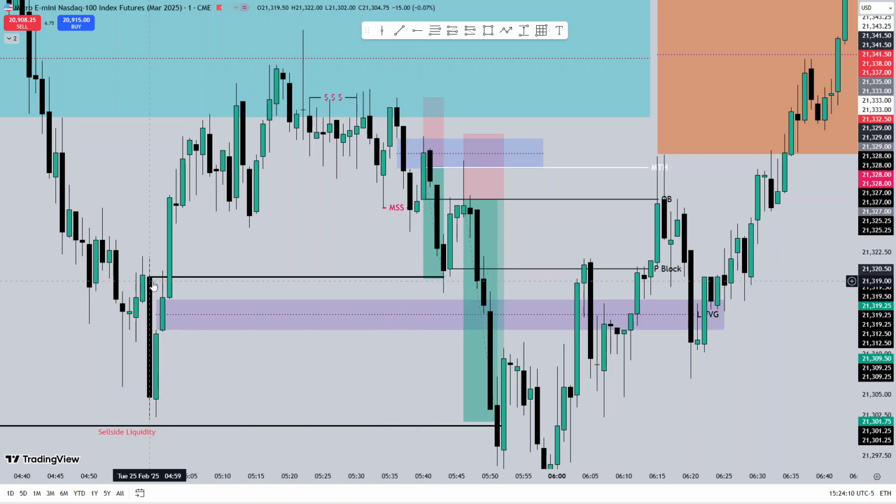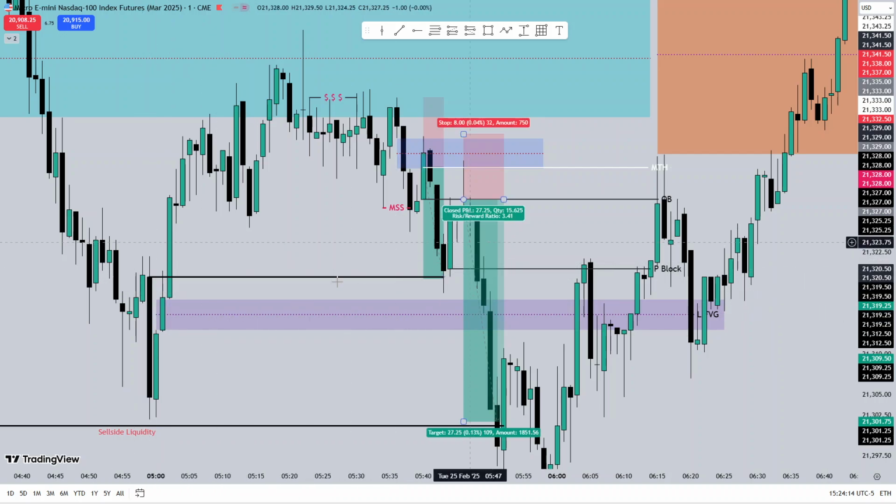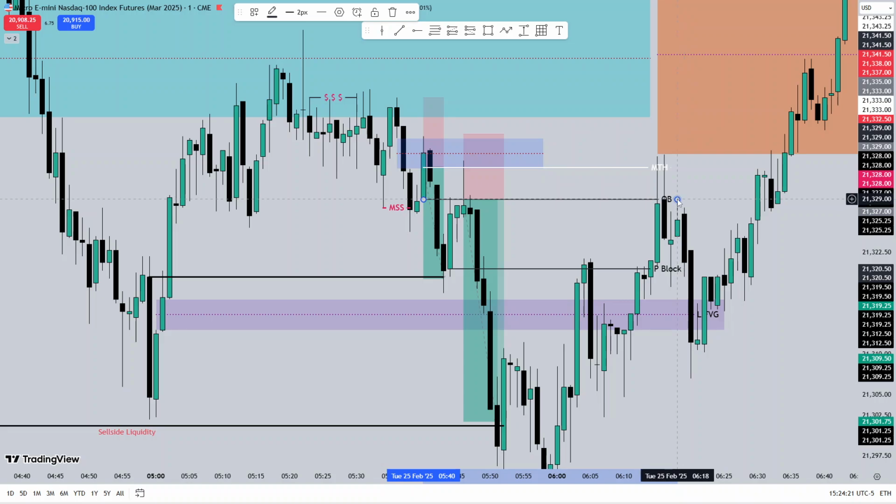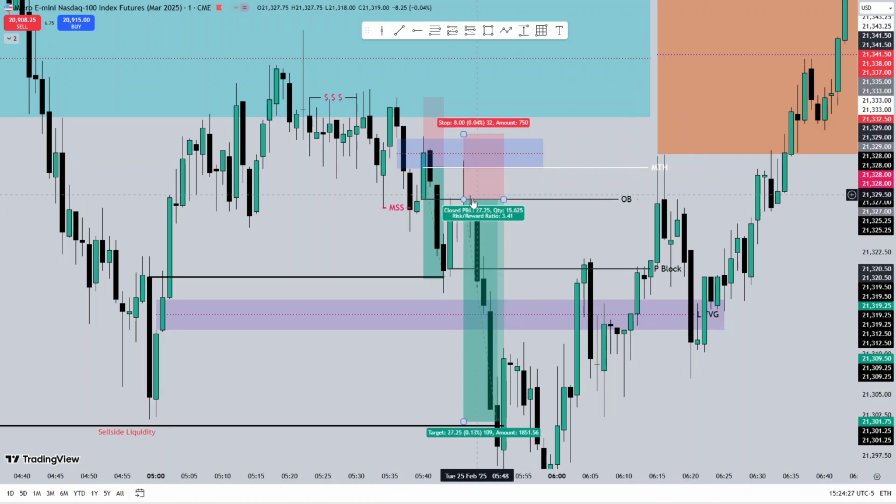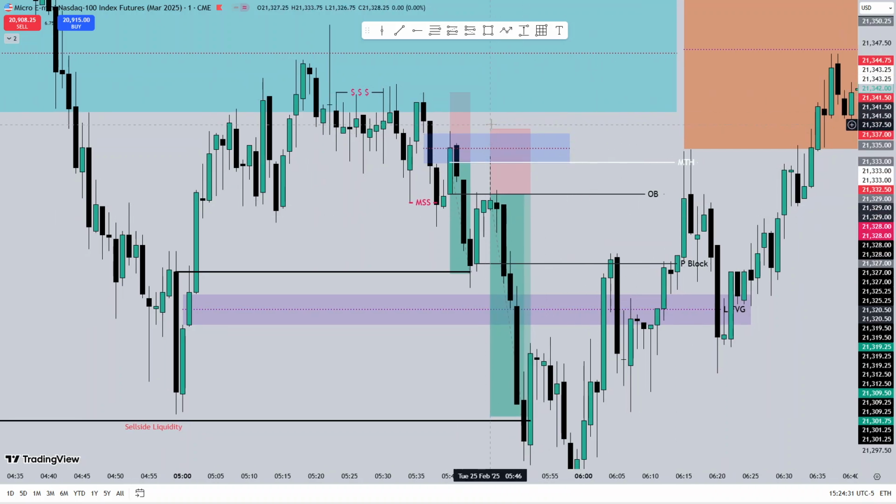Then I was watching how this candle will react. Then I saw this candle was reacting and the market traded this order block. Okay, over here you can see I simply marked this as my order block. The market simply traded the order block, one time traded the mean threshold, and my stop loss was above this order block.